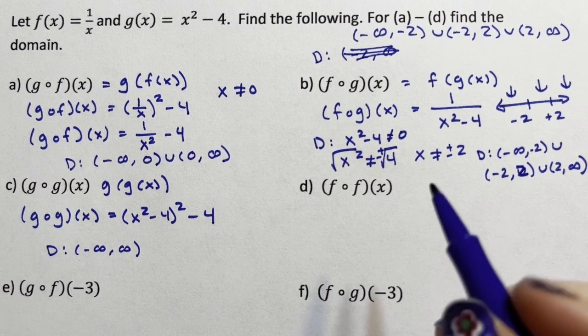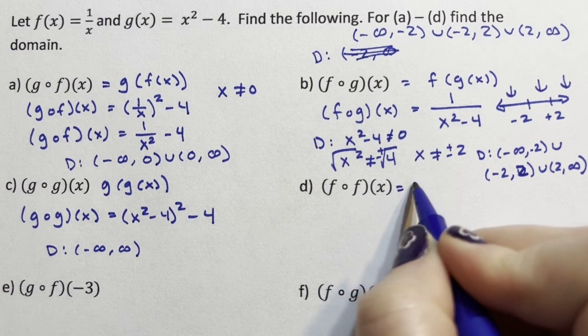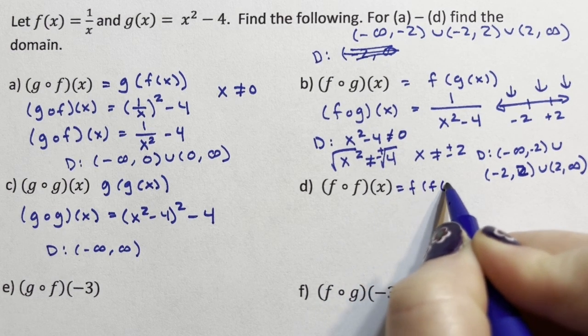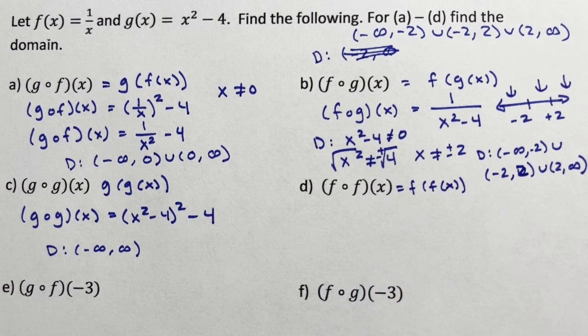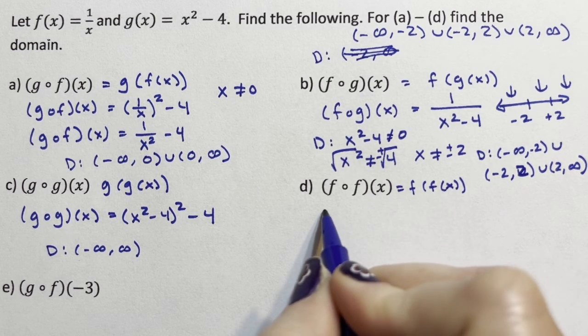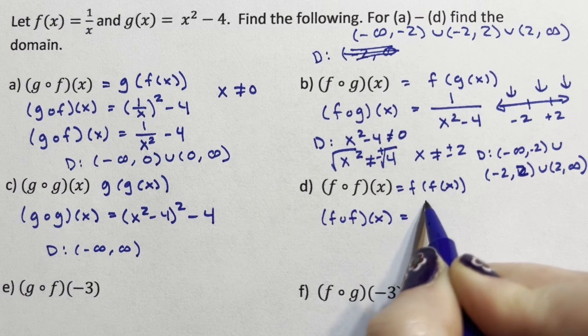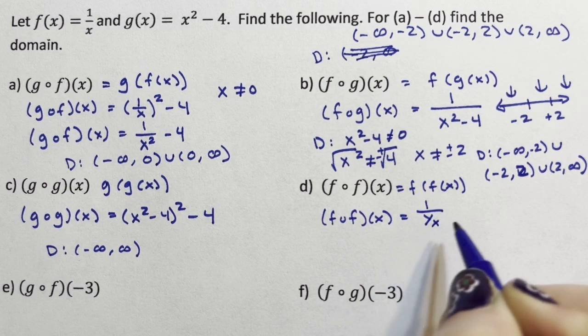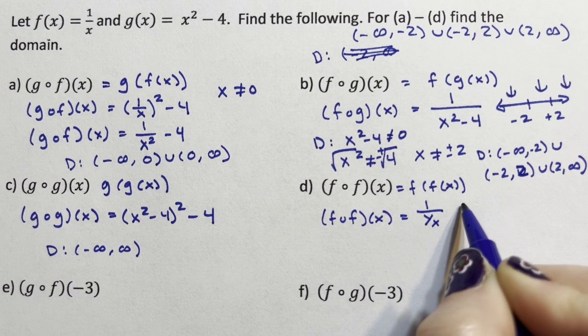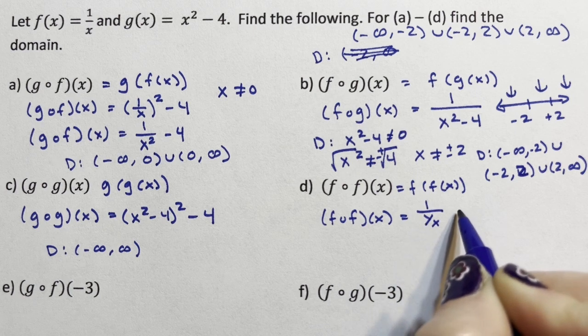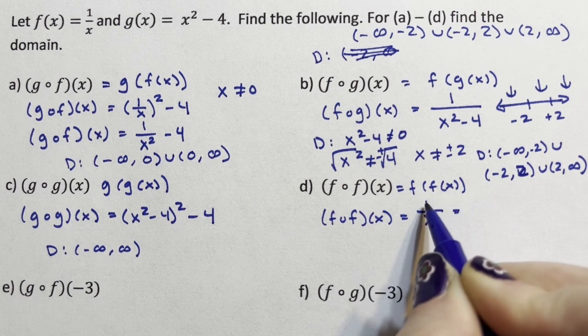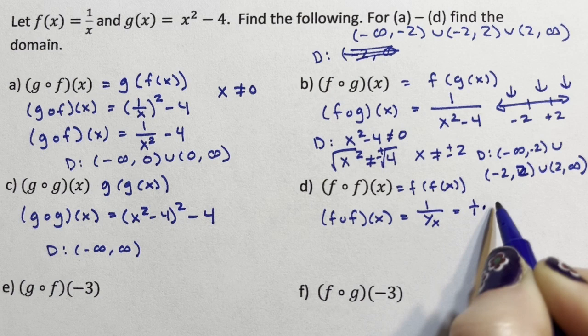That's fine. For this one, when I put f into itself, I'm going to get 1 over 1 over x, which is going to flip and multiply. So if this was a fraction, I'm going to get 1 over 1 times x over 1.